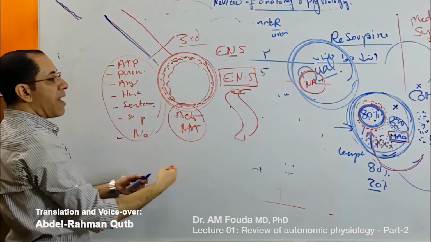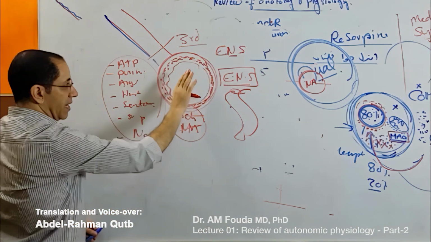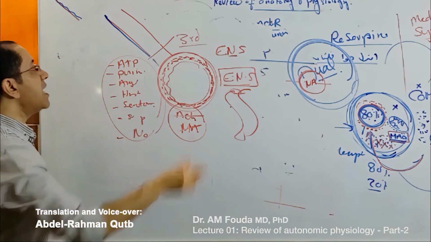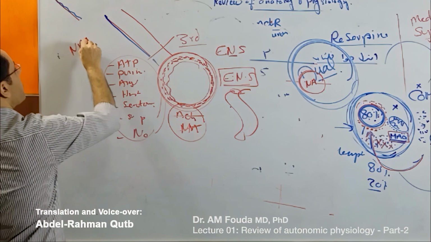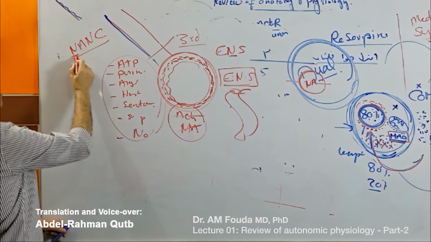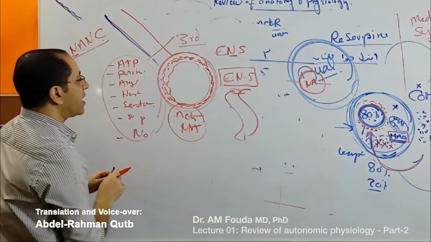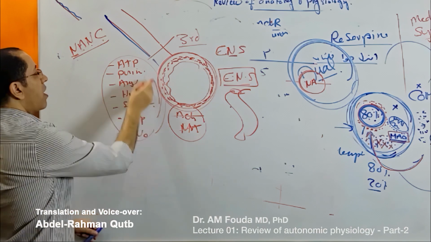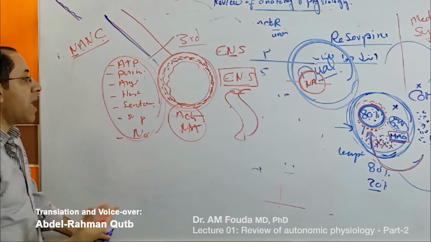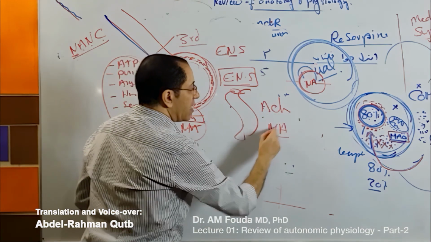They are general transmitters. Systems similar to the enteric nervous system, which don't follow the sympathetic or parasympathetic rule, are sometimes called the NANC system, short for non-adrenergic, non-cholinergic. But are these transmitters considered primary transmitters? Our primary transmitters are acetylcholine in parasympathetic and noradrenaline in sympathetic.